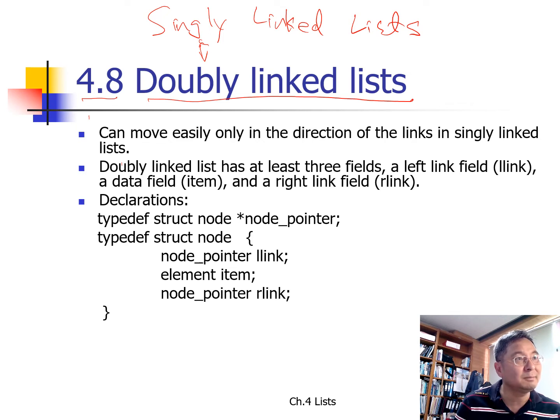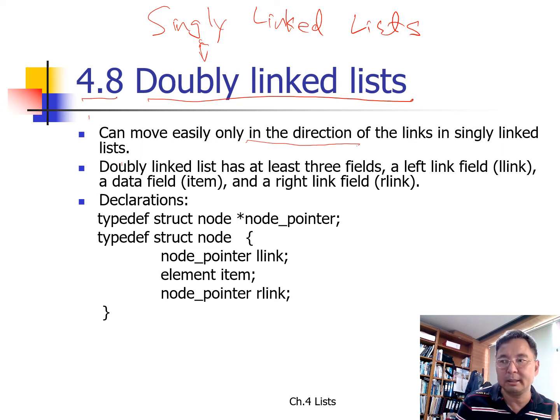So a doubly linked list means that it has two link fields in the node. So using this doubly linked list, we can move in two directions. With a singly linked list, we can move in only one direction.